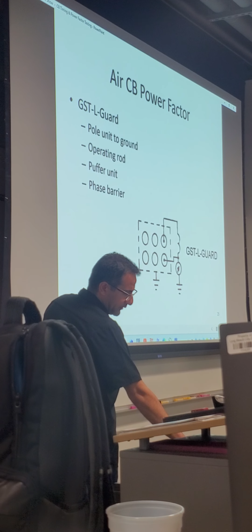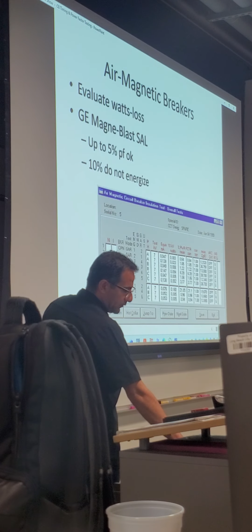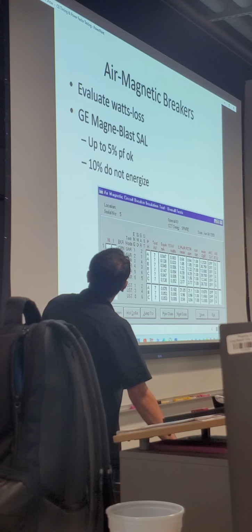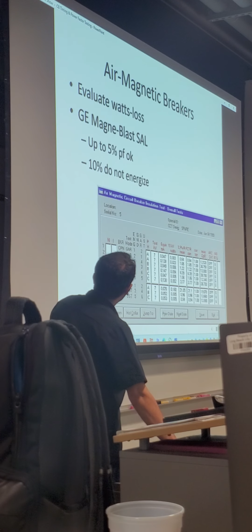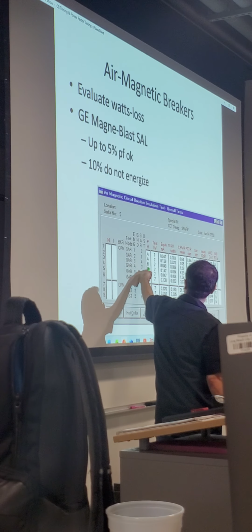And these are the diagrams for air circuit breaker, medium voltage. Again, power factor is not used for the low voltage. And that's gonna be the test results. So you're gonna get 9 tests.